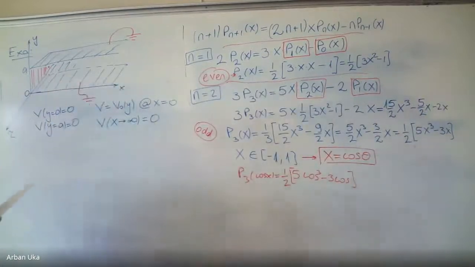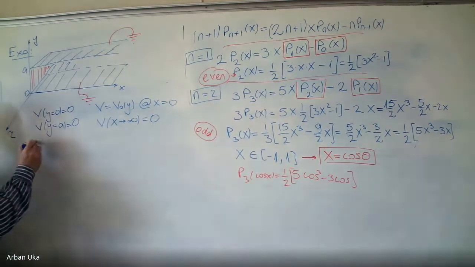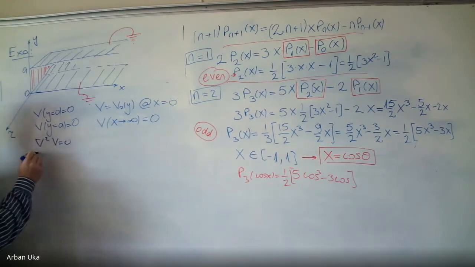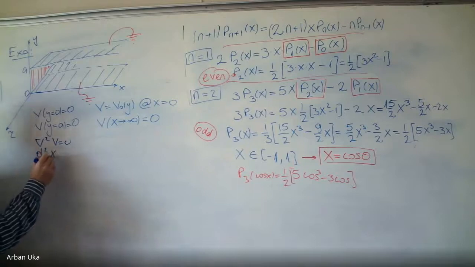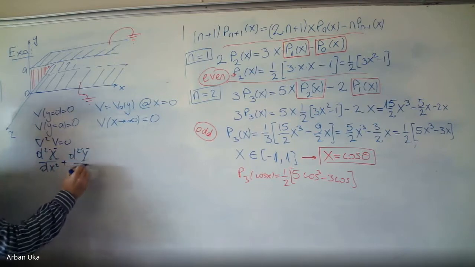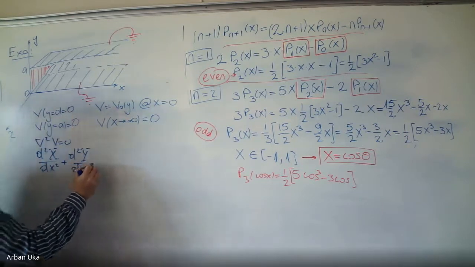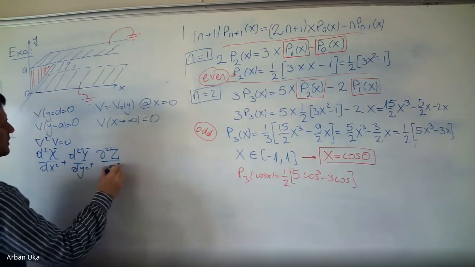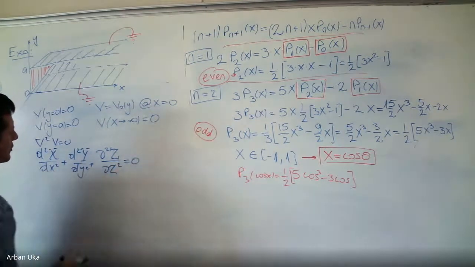Now, what are we going to obtain? We immediately have to write down the Laplacian operator. The Laplacian is this, okay? Then we get the second derivative of capital X with respect to x squared plus the second derivative of y with respect to y squared plus the second derivative of the capital Z with respect to parameter Z, this is 0.